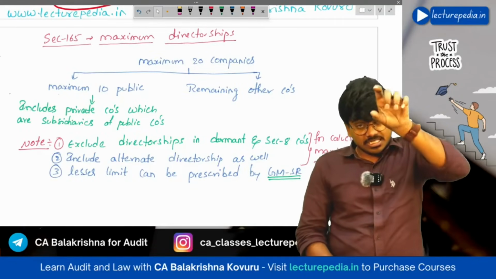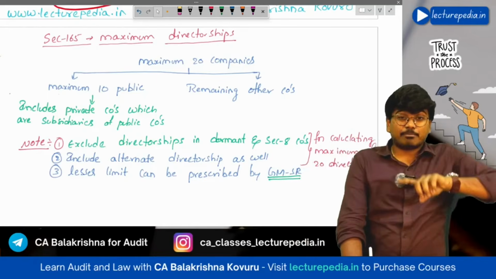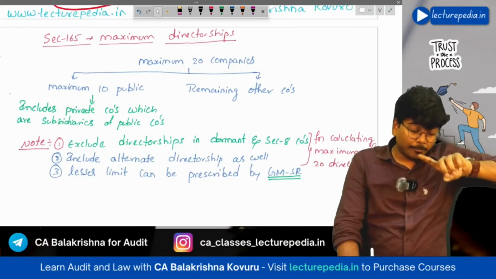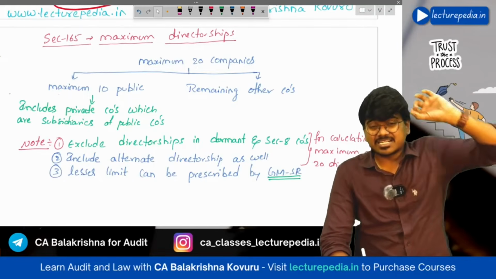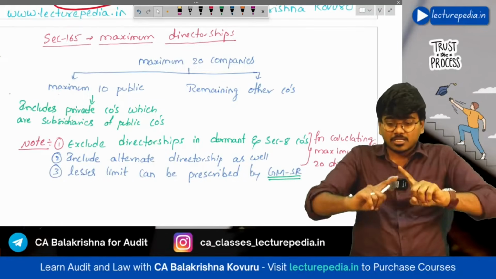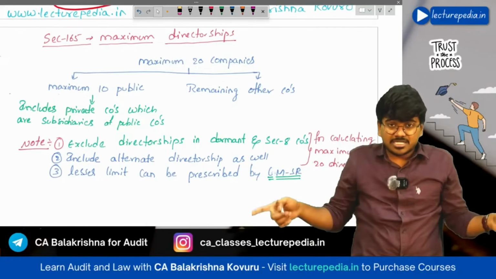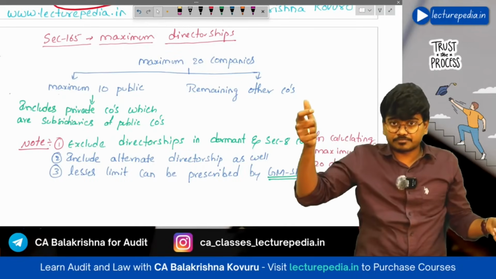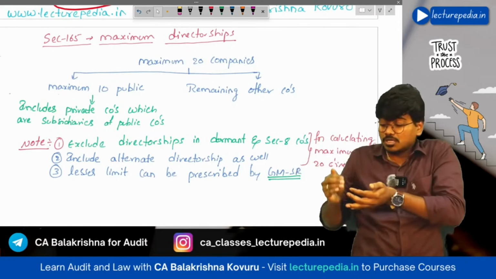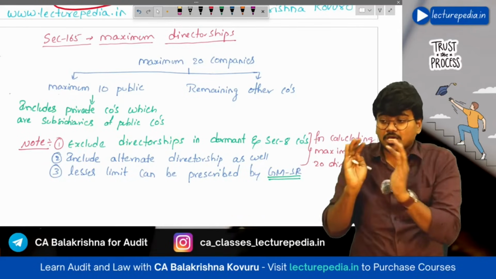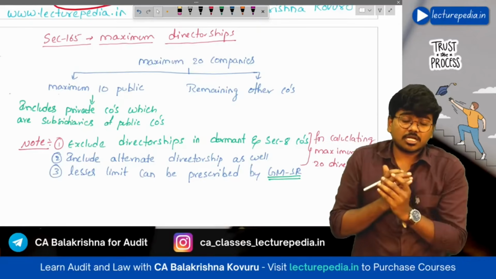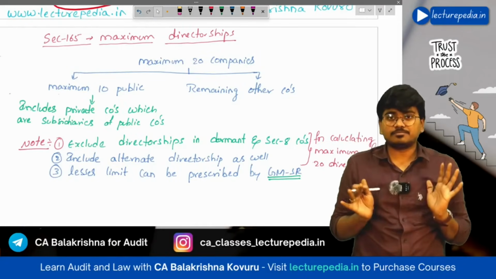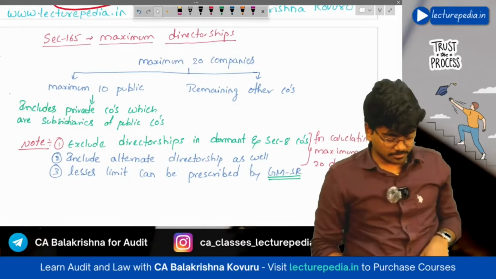Then, in this 20 directorships, the maximum number of public companies in which he can act as a director is 10 only. Okay, the overall limit for all companies is 20. In that 20 also public companies 10 only. Hope that is clear.